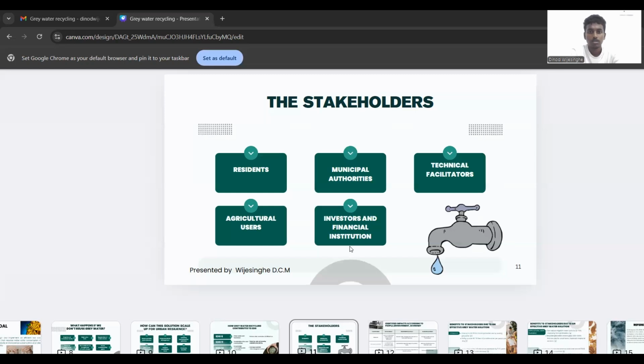Environmental organizations and NGOs also have an important influence as they raise public awareness, provide educational programs, and sometimes offer financial assistance. Lastly, companies that manufacture greywater recycling systems, filters, and related technologies are stakeholders as well. Their innovation and technical contribution help make these systems more efficient, reliable, and user friendly.